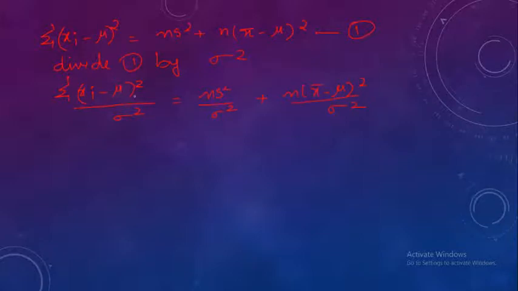Now is this familiar? Just think about the starting of this derivation. Do you remember what this is? This follows a chi-square distribution with n degrees of freedom. So you can write this as chi-square distribution with n degrees of freedom is equal to n s square divided by sigma square plus, what about this?